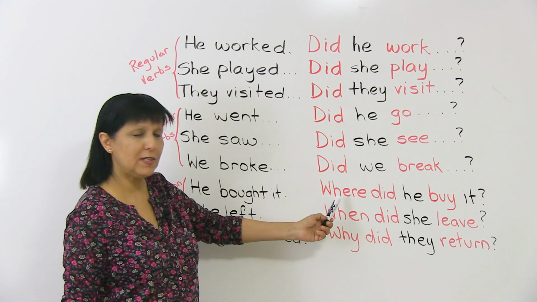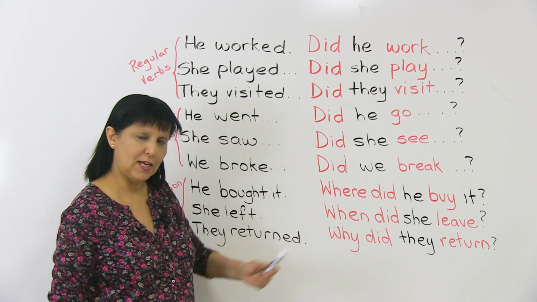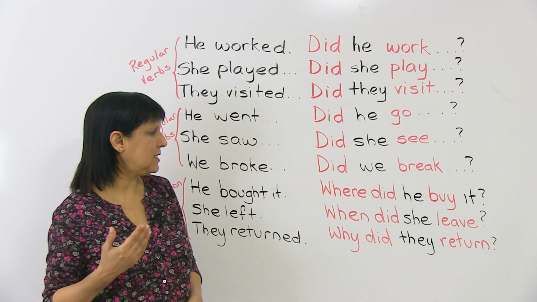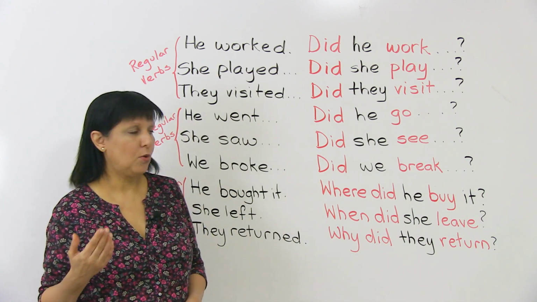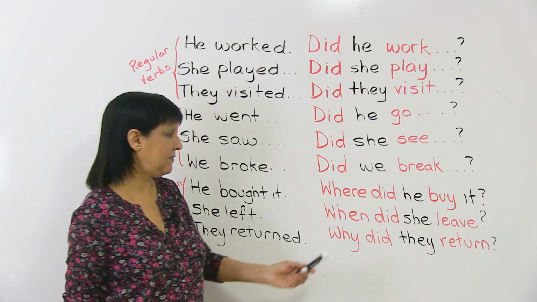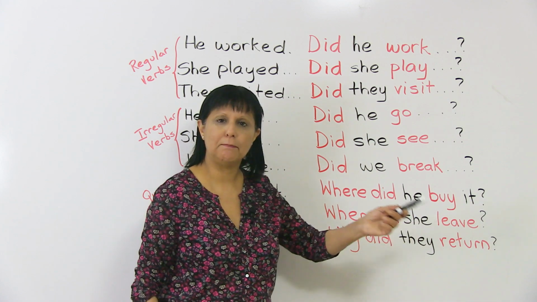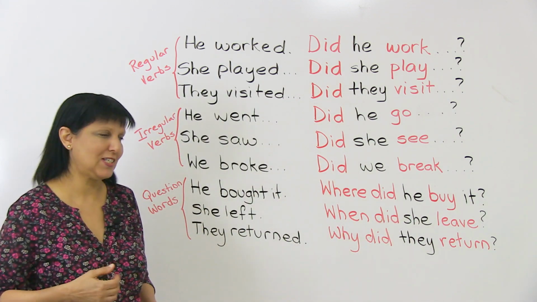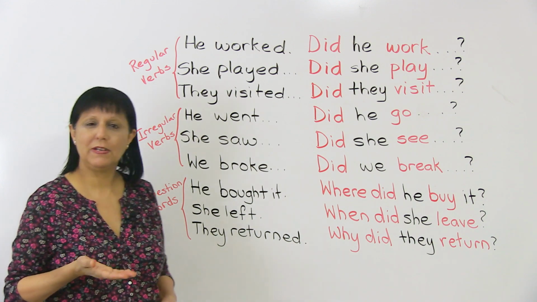So the important thing to remember is even when we use that question word, we still have to use did. So we don't say, where he buy it, or where he bought it. No, we have to say, where did he buy it? Okay, in regular conversation, that's how it would sound. Where did he buy it?